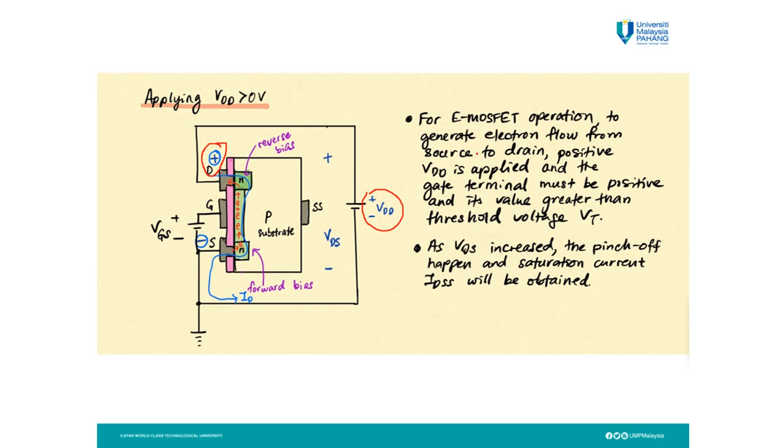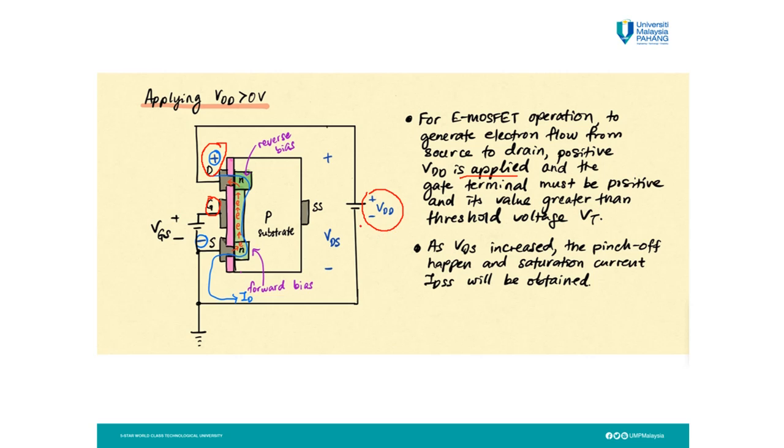So for the EMOSFET operation, to generate electron flow from source to drain, the positive VDD is applied, and the gate terminal must be positive, and its value greater than the threshold voltage VT.